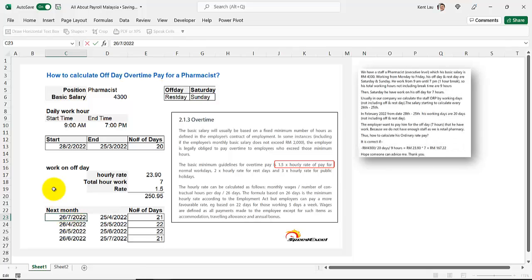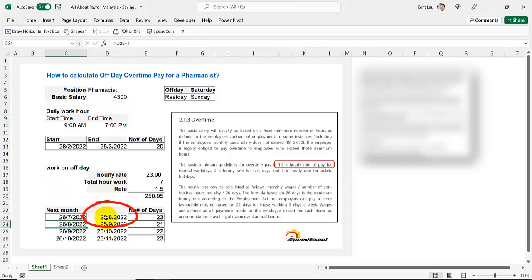Okay, so on the 7th, see that it will automatically go to the 25th. And we will know that in that period there are 23 working days. So what is the function?